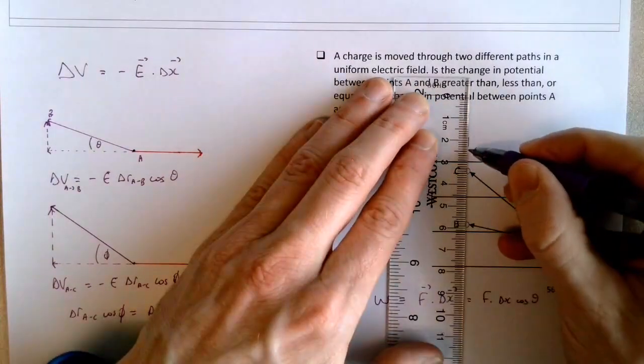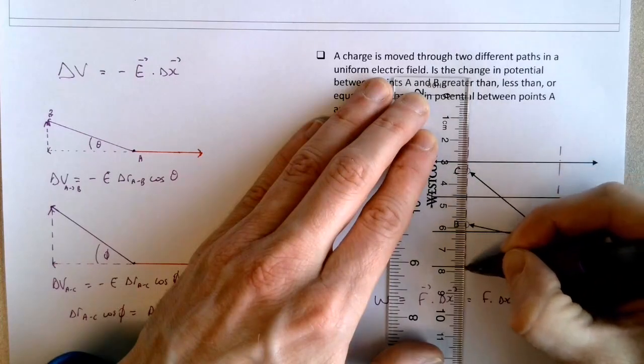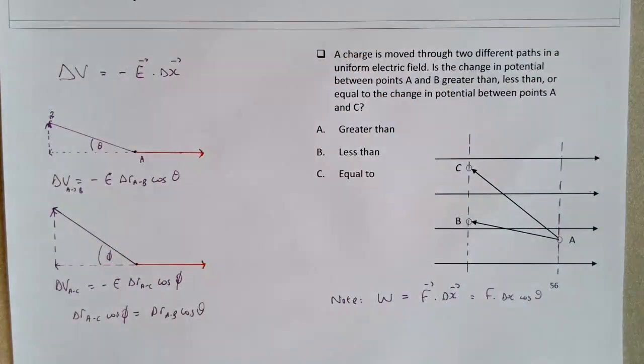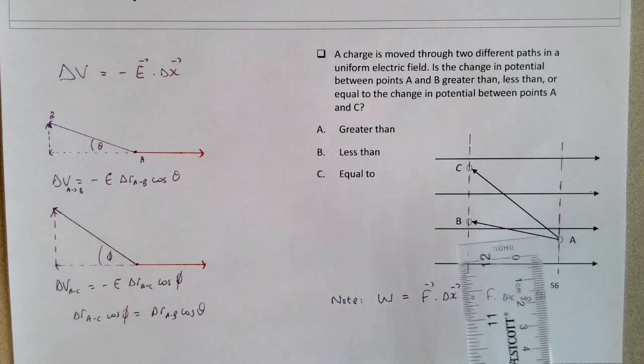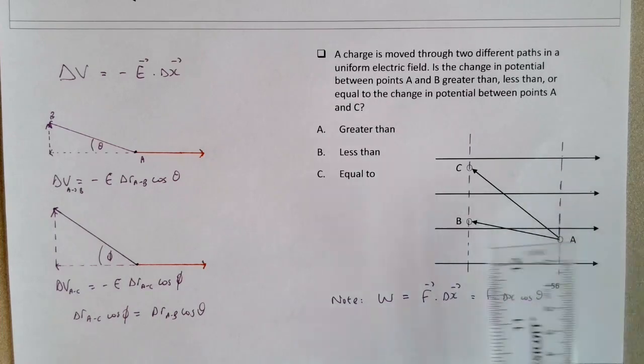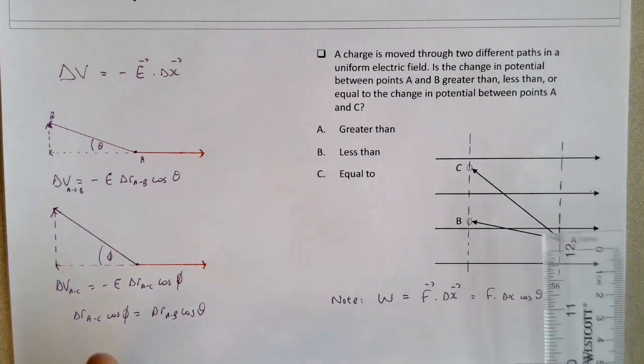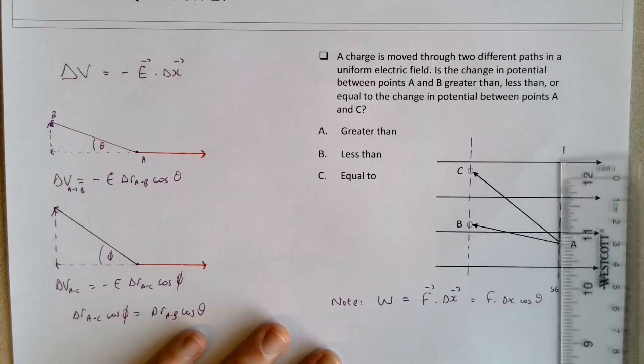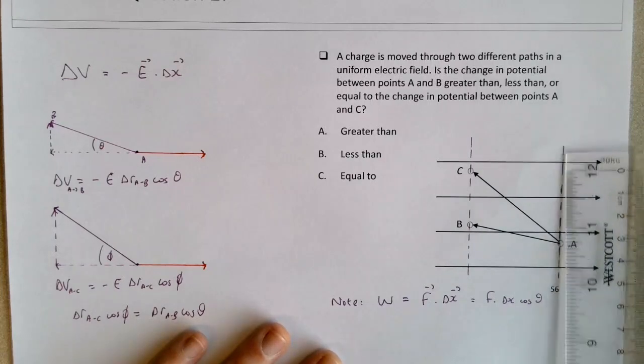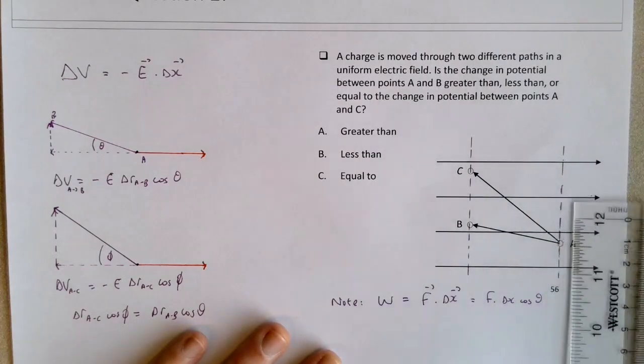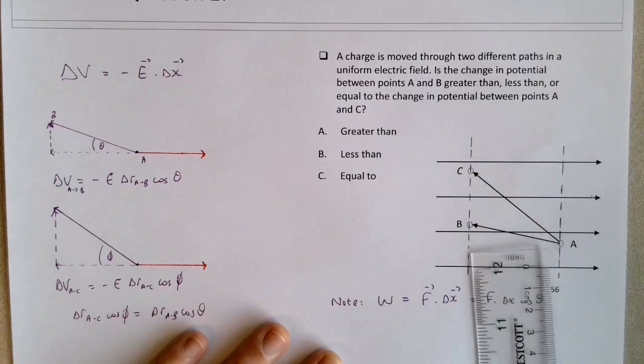And then notice that C and B also lie on the same equipotential. These are not the same equipotential lines, but any point that lies along the line on the right is at the same potential, and all points that lie along the line on the left have the same potential.